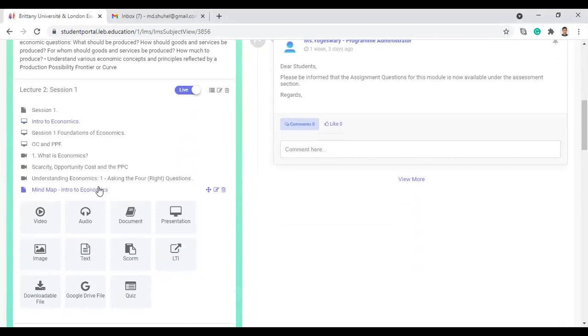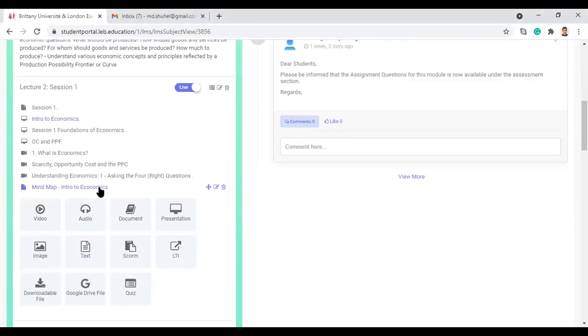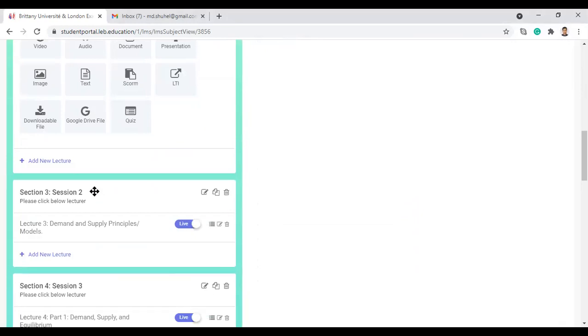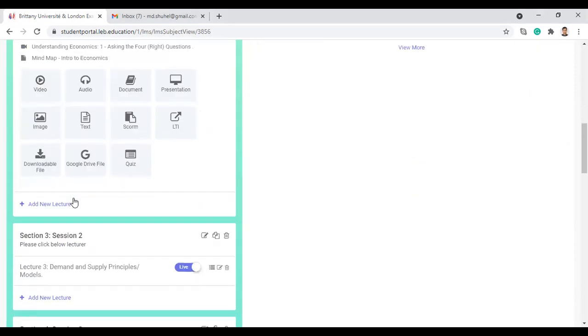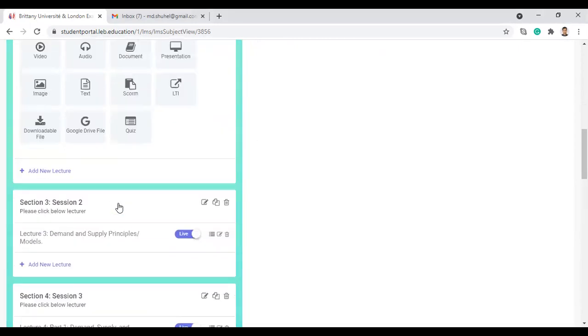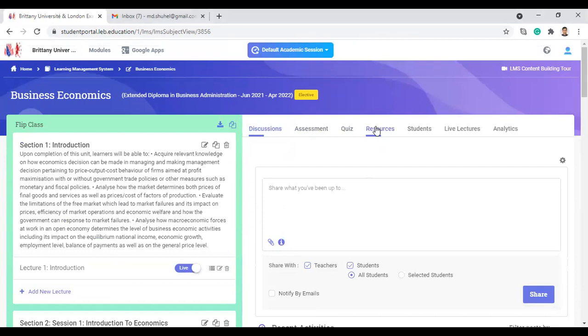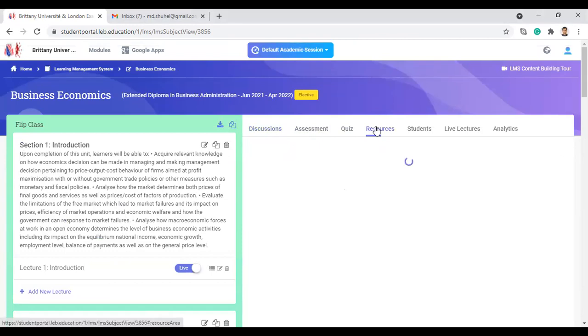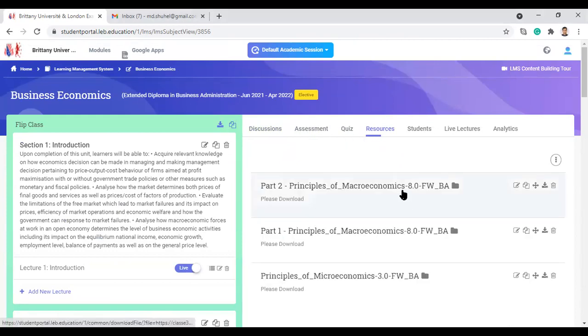You can watch videos as well to support your answer, to understand the topics. There are about 11 sessions in total. All the resources are there. You can also get resources under this button. There are 3 textbooks which you can use for understanding the topics, and also you can use the textbooks as references in your assignment.